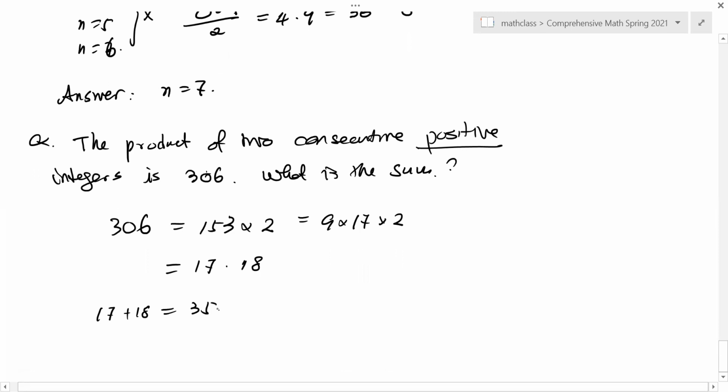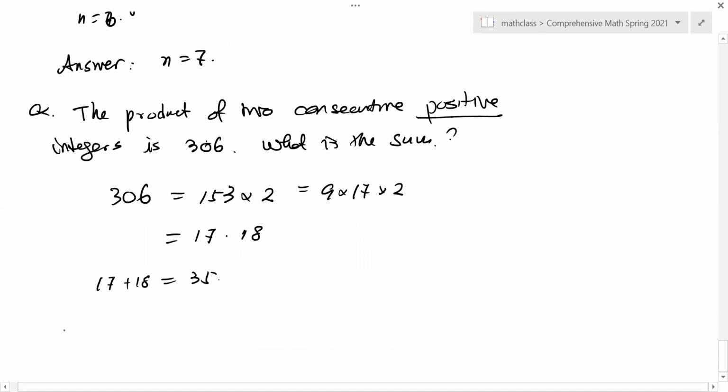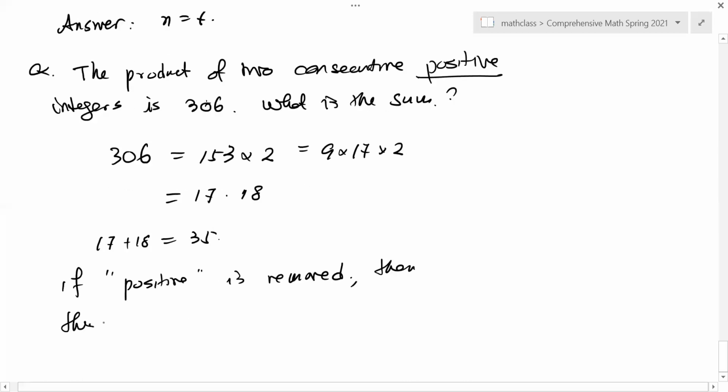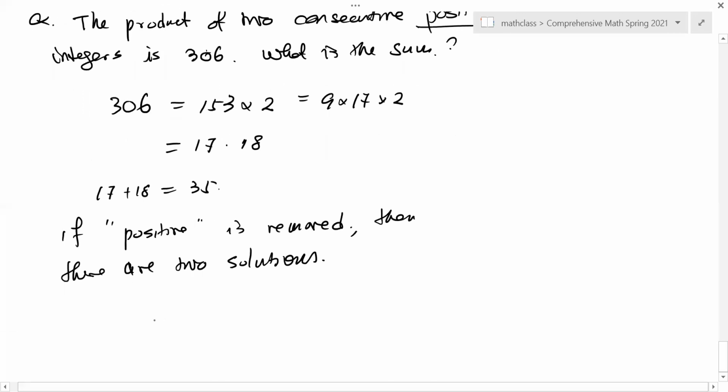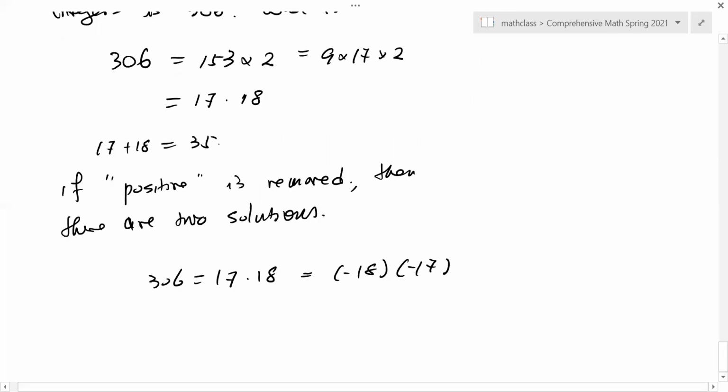The reason I ask you to read the question carefully is that if the word positive is removed, there are two solutions. 306 is a product of two positive integers, but it can also be negative 18 times negative 17, the same product, and negative 18 and negative 17 are consecutive integers.